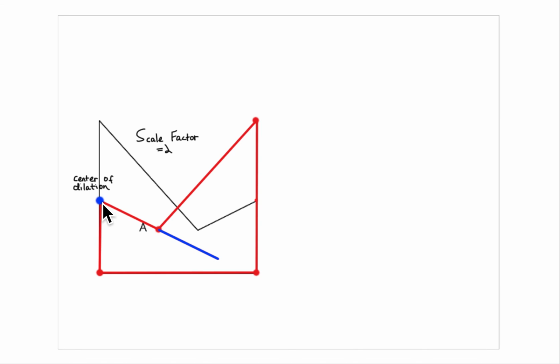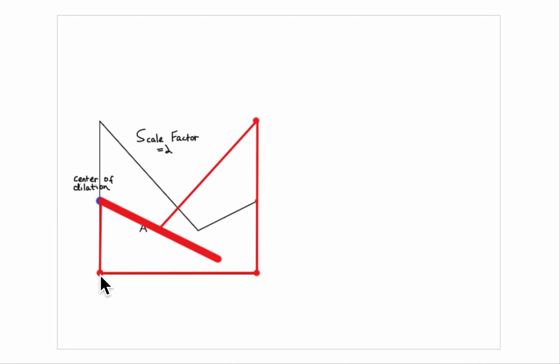I chose it to be right here. So I'm going to draw a line from this center of dilation through each of the vertices, and then go twice as far on the other side. I draw a line from here to here, here to here, here to right here, and here to here. Since the scale factor is 2, double it, twice as far on the other side.